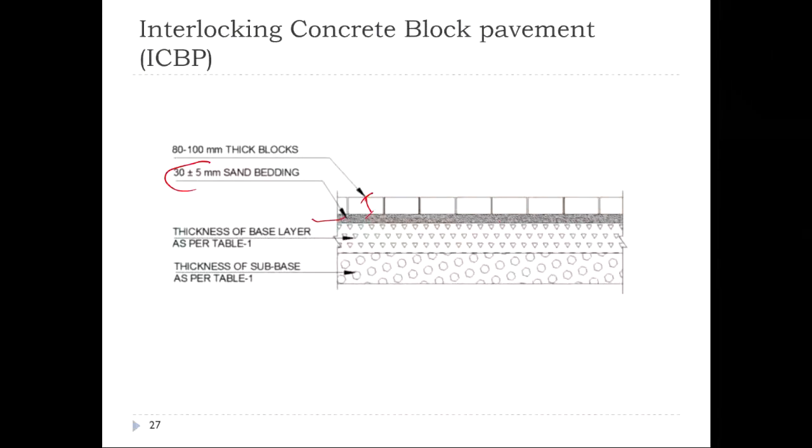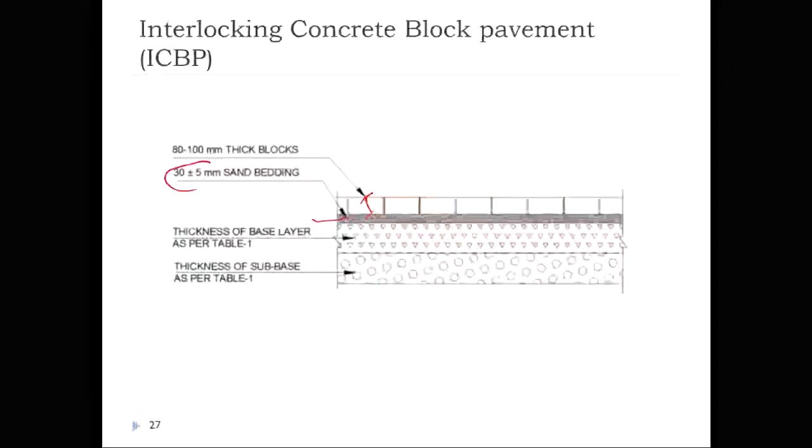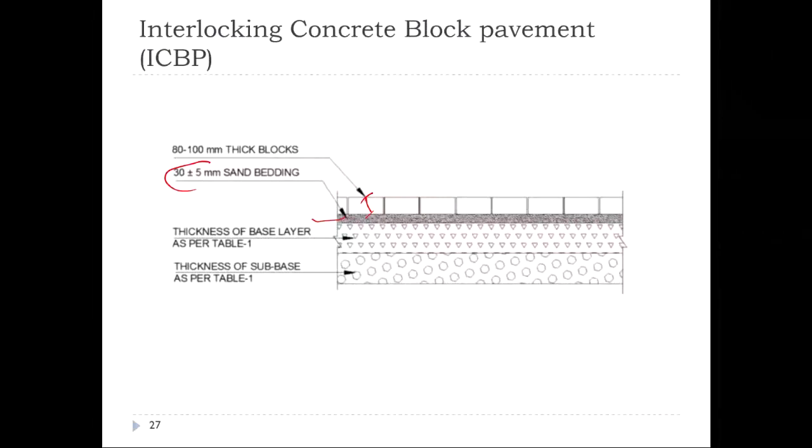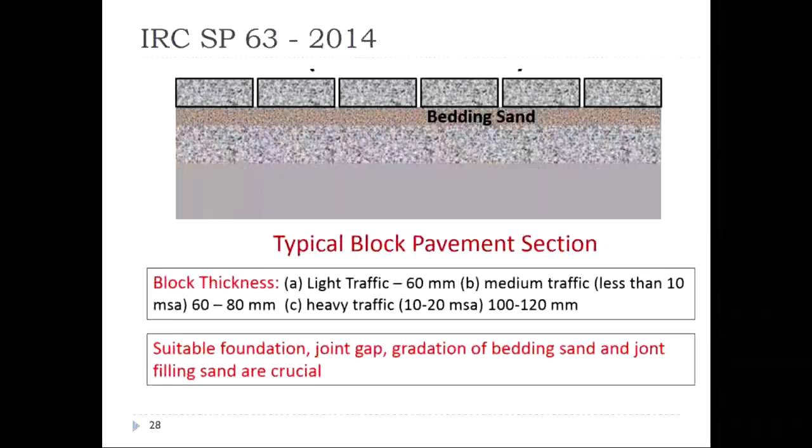The behavior of interlocking block pavements is very different when you compare it with that of a conventional concrete. This behaves as a flexible unit. So the load transfer or the load carrying is not based on slab action as you find in the case of conventional concrete pavements.